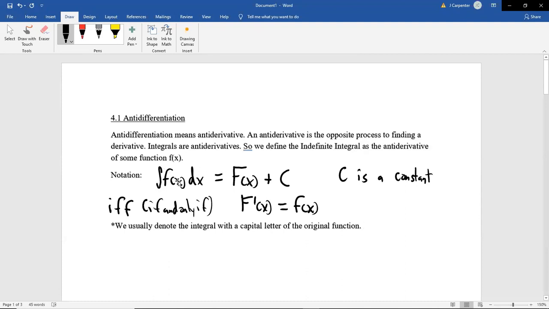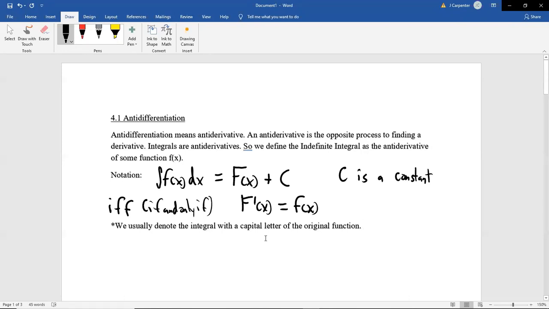So the integral of function 1 is equal to function 2 if and only if the derivative of function 2 is function 1.